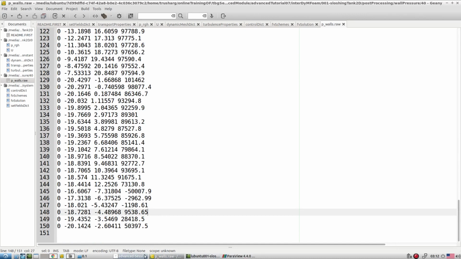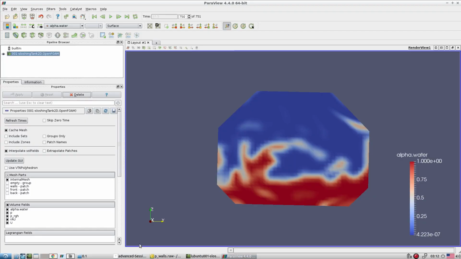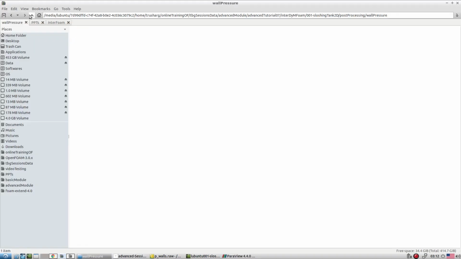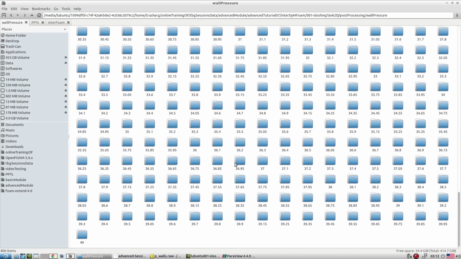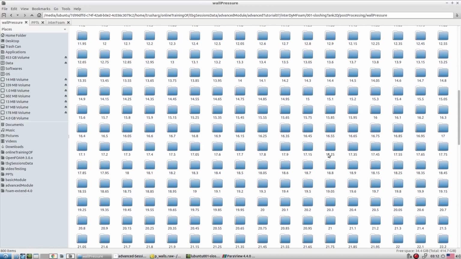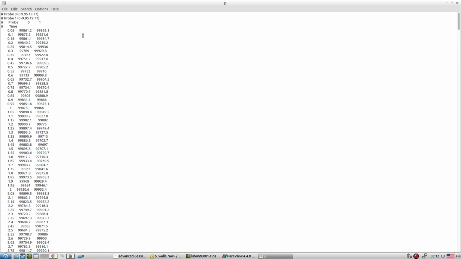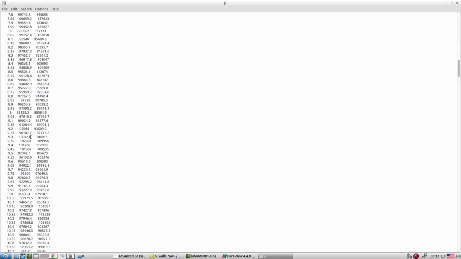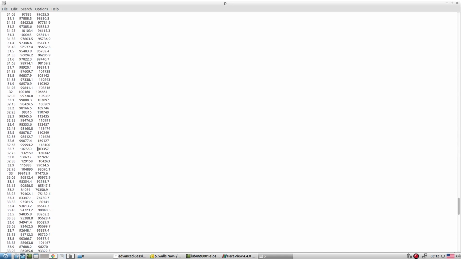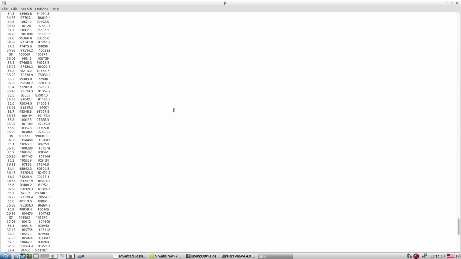Then we also stored the probe in this area, so if you are interested, go and post process the probe as well. We have probe locations for pressure, so we set probes at two places basically, and over the probes we look at how the pressure is varying within the entire tank.